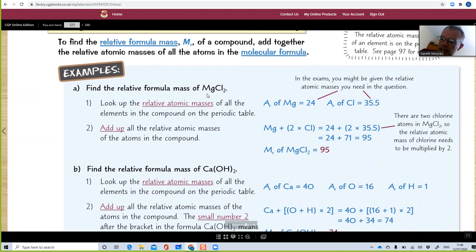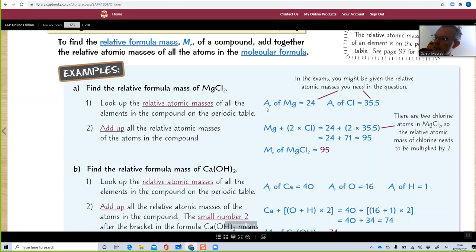So let's take one, magnesium chloride. Look on the screen, magnesium chloride, MgCl2. That means we have one magnesium, one Mg, and two chlorines. You look on your periodic table, that will be in your book or on the exam paper or on the wall, and you look up the masses, and you see that the atomic mass of magnesium is 24. It's the number at the top.